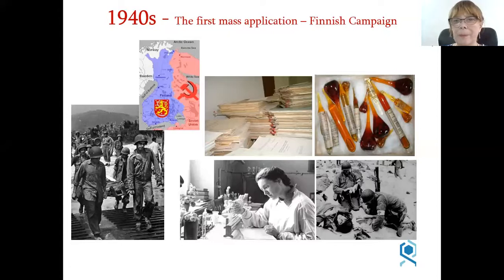And you see here the old bacteriophages that are kept in our museum.